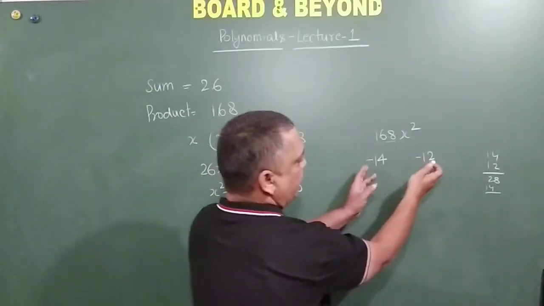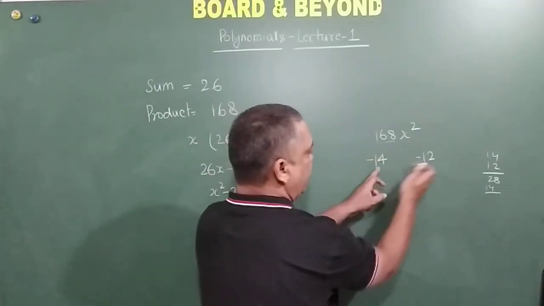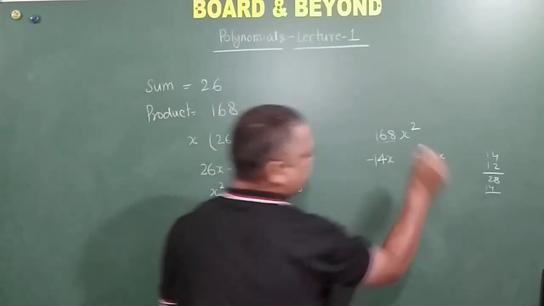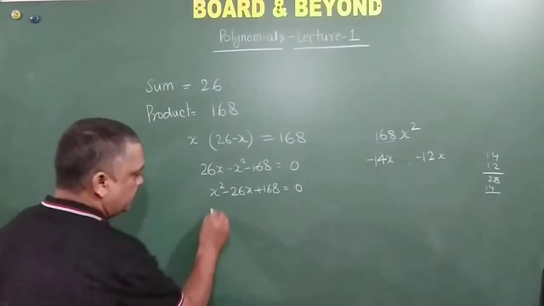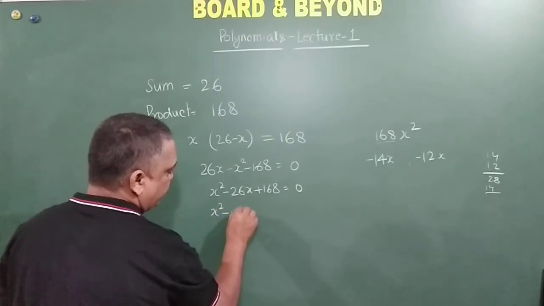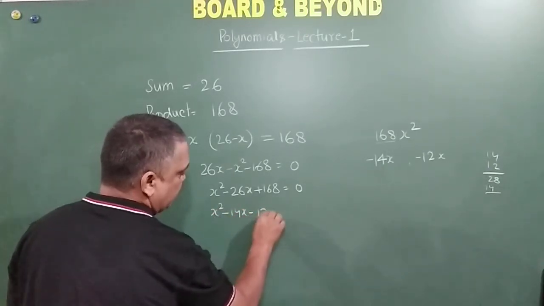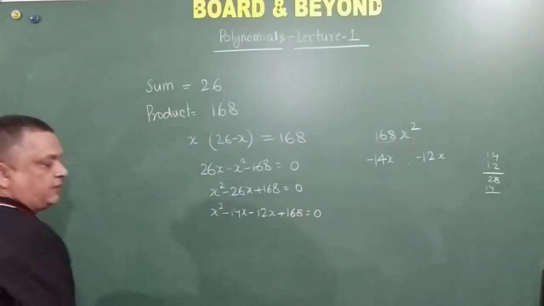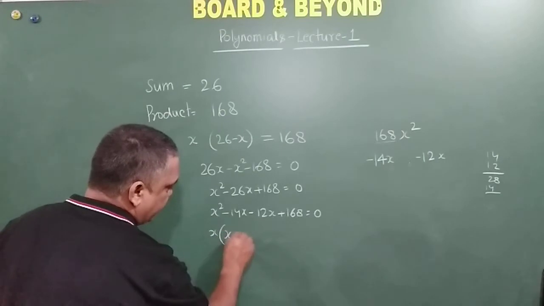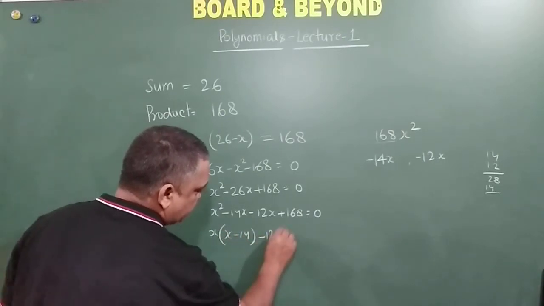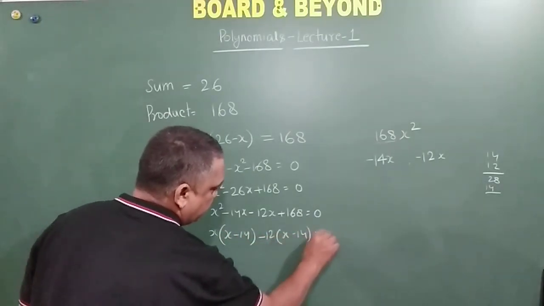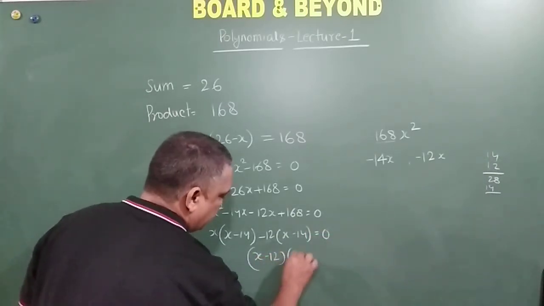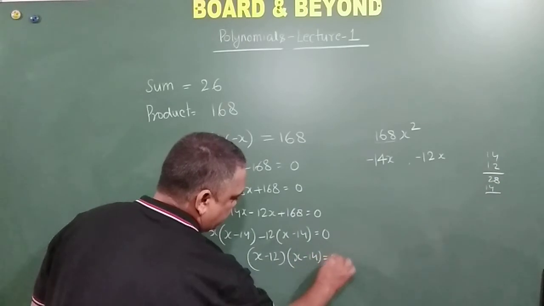So when we multiply this, I get this, and when we add this, I get minus 26. So I include x and x here. These are my two factors. Okay. So x square minus 14x minus 12x plus 168 is equal to 0. Right, friends? So taking x as common, x minus 14, minus 12 as common, x minus 14 is equal to 0. So x minus 12, x minus 14 is equal to 0.